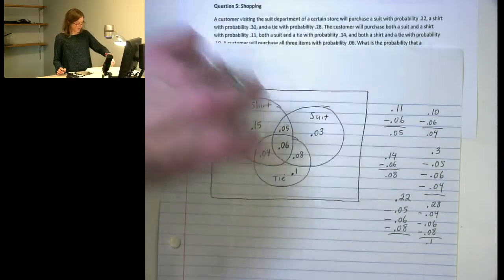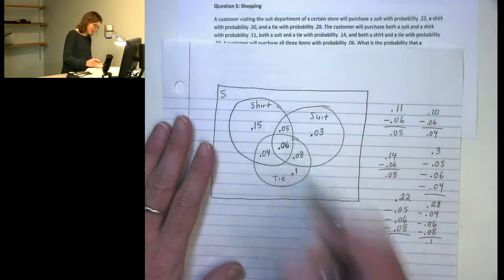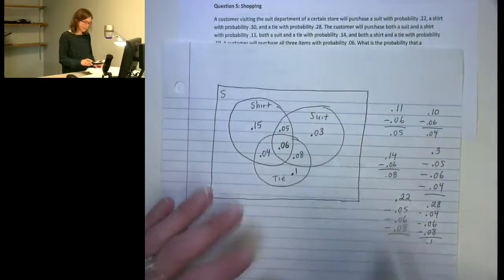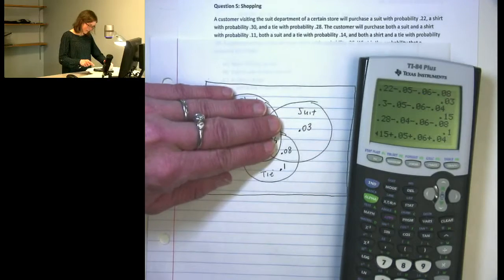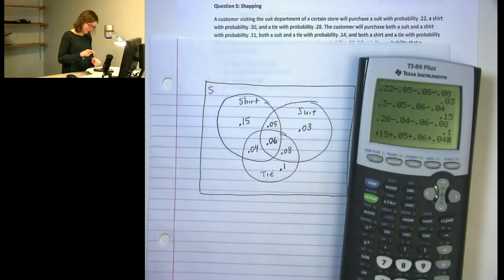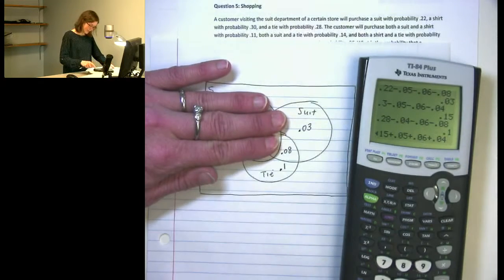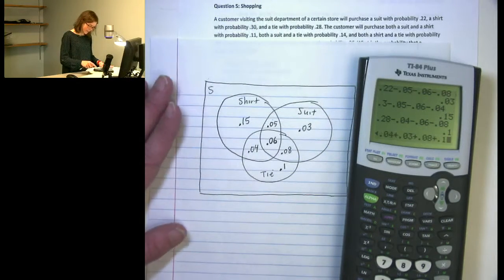Now I can figure out what's the probability that's left over out here. Remember, the total probability has to be 1. So if I add up all of these probabilities, I've got 0.15 plus 0.05 plus 0.06 plus 0.04, that's all this part, then 0.03 plus 0.08 plus 0.1.